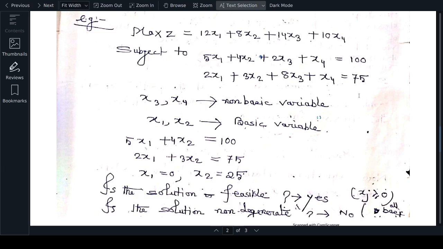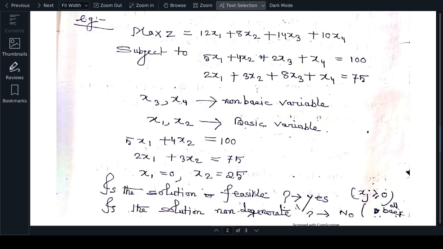So here you see, suppose we have taken x3 and x4 as non-basic variables. If we had taken x1 and x2 as non-basic variables, and the values of x3 and x4 both would have been greater than 0, then it will be non-degenerate.